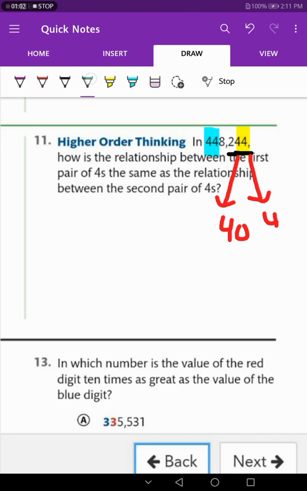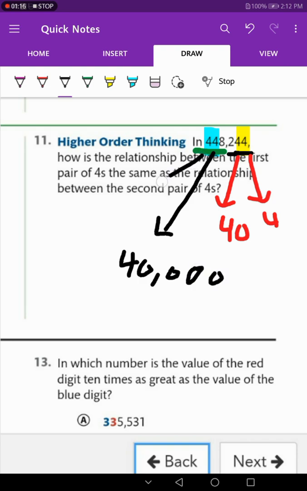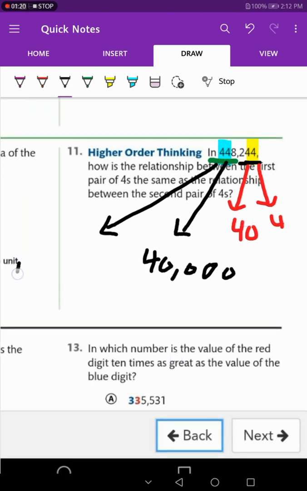Let's discuss the second pair. The first 4 is 40,000. And the second one is 400,000.